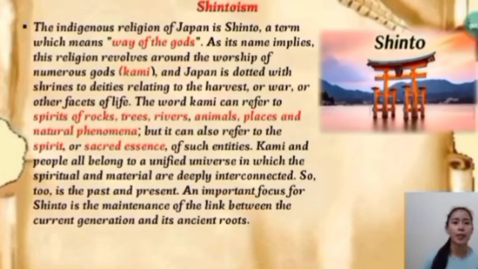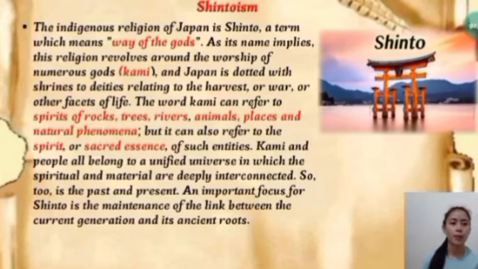Shintoism. The indigenous religion of Japan is Shinto, a term which means way of the gods. As its name implies, this religion revolves around the worship of numerous gods, kami, and Japan is dotted with shrines to deities relating to the harvest or war or other facets of life.